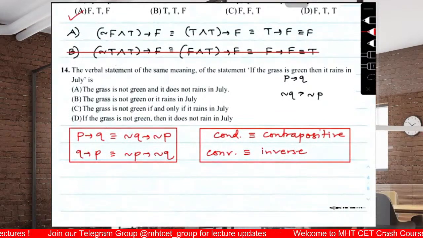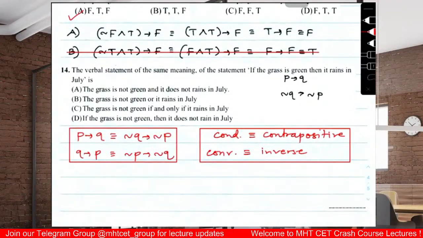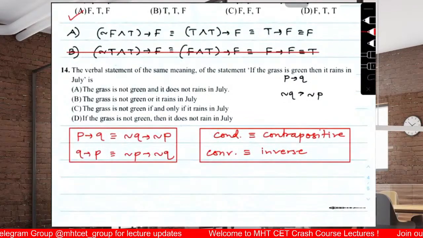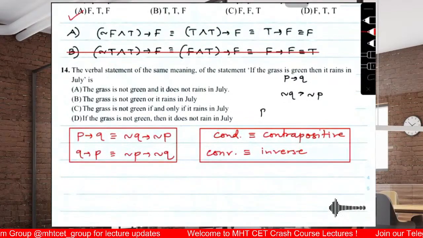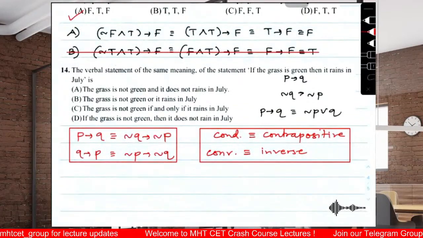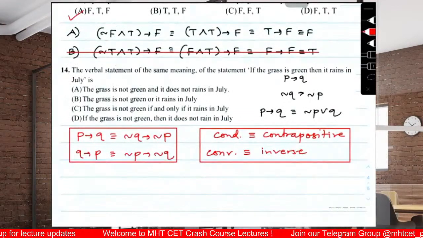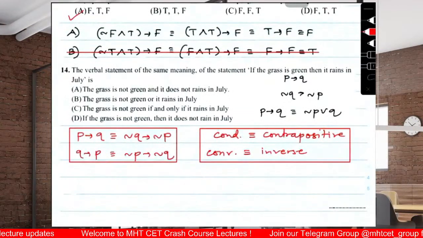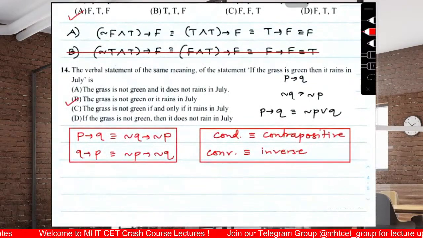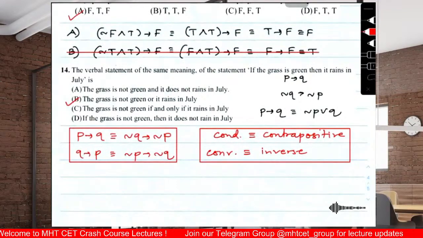ये use नहीं हुआ है. Verbal if बीच में और है तो वो वाला यूज करना पड़ेगा. P implies Q is equivalent to not P or Q. ये वाला यूज हुआ है. ठीक है. लास्ट वाला यूज हुआ है.